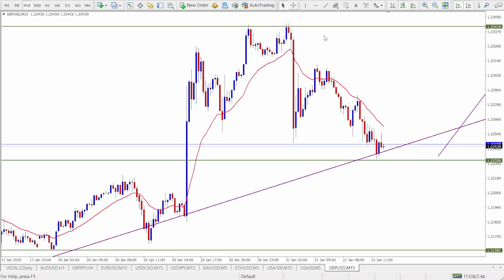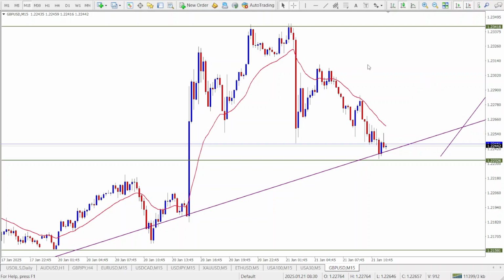For example, this is the MT4 platform, and if you want to set an alert at a particular level, you just have to identify that level that you want to set your alert on.